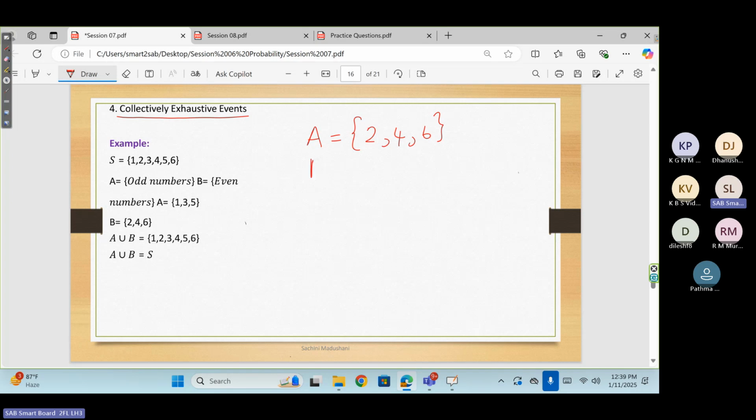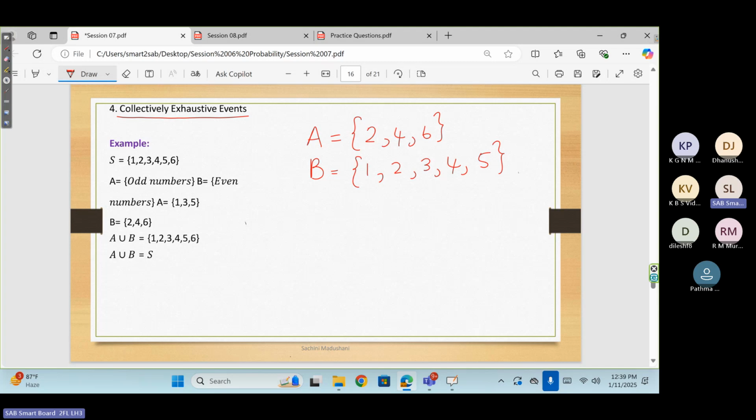Then we take event B. Event B means numbers that are less than 6. Then what are the elements? 1, 2, 3, 4, 5.